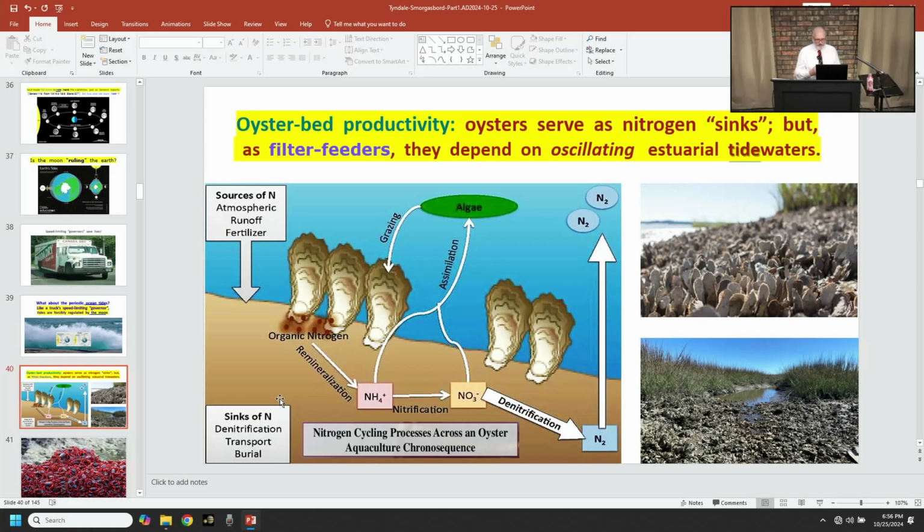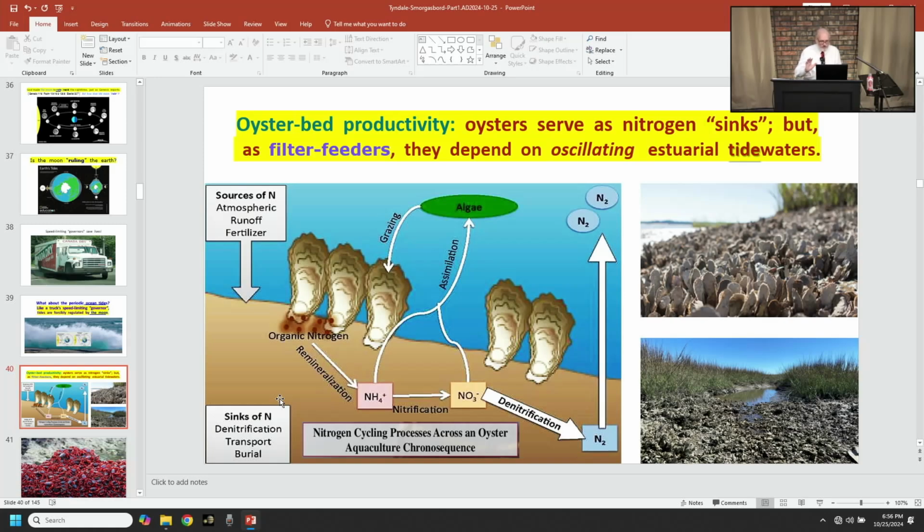If the tides are moving water in and out, in and out, sloshing all this water around that has different nutrients in it that oysters can eat, then instead of meals on wheels, it's meals on waves coming in, and the oysters as filter feeders can get the nutrients they need from the water that comes sloshing in and out, and then they can squirt out the water that they don't need, but they got the food they needed.